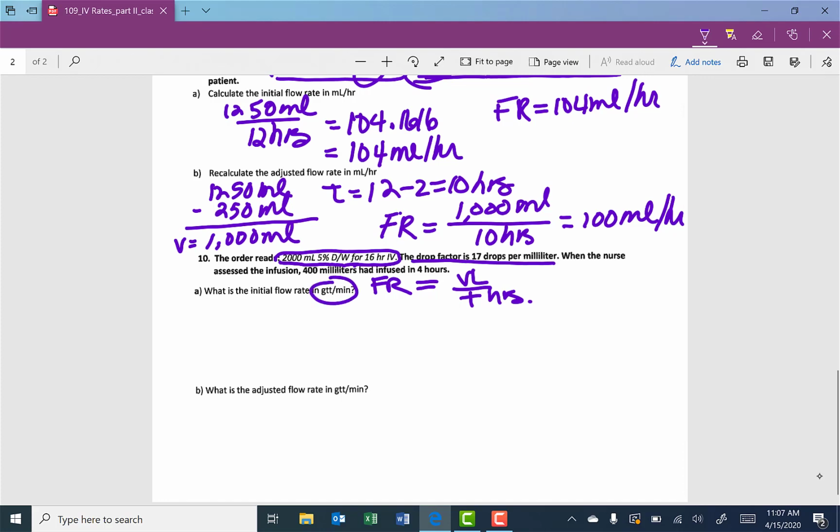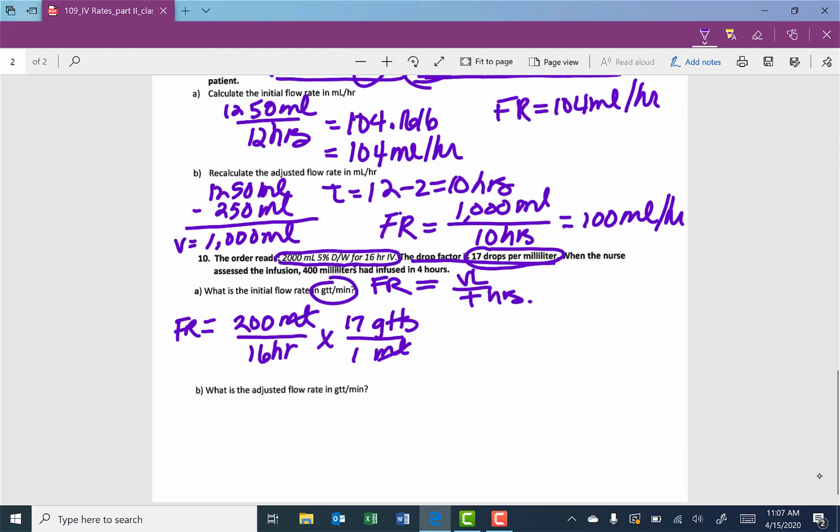So we'll start with our flow rate is equal to volume over time, which would be 2,000 milliliters over 16 hours, times, we have a drop factor of 17 drops per 1 milliliter.